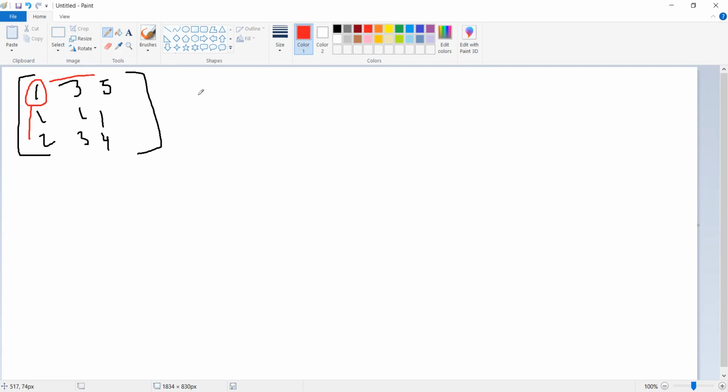So it will be 1 into the elements on the main diagonal: 1 into 4, minus 1 into 3. I'm not putting any sign; I'll put it later. Now the second value, 3. This time I take this one as constant, so this row and column is gone. So it is 3 into 1 into 4, minus 1 into 2.